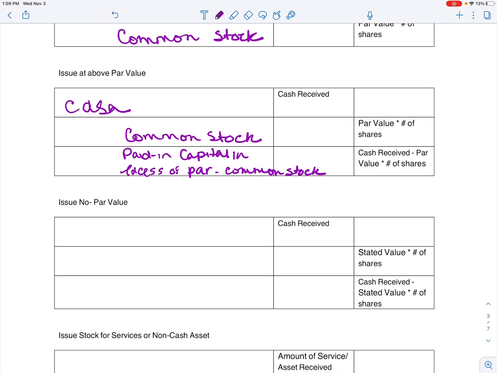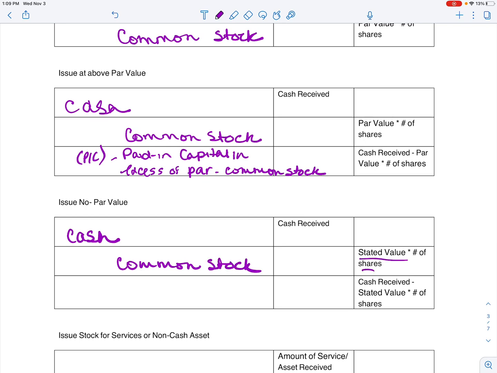If it has no par value, first I want to show you, a lot of people put paid in capital, PIC, just to save some space. If it has no par value, again, we're going to record the cash. We're going to record the common stock as a credit.